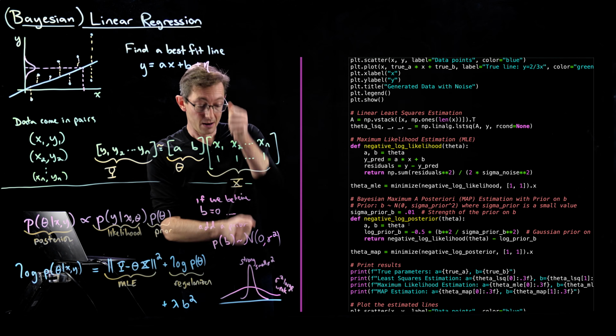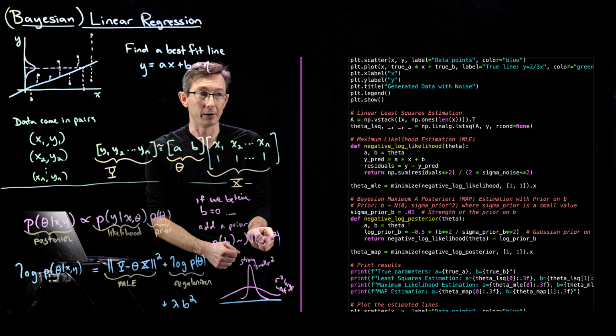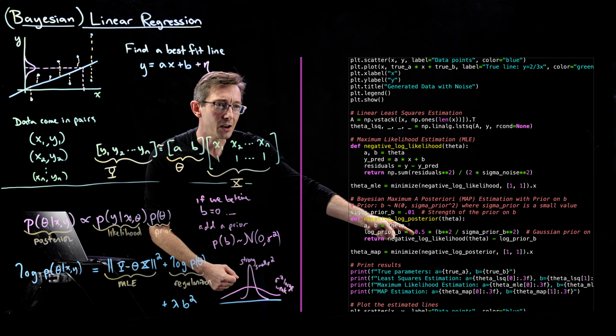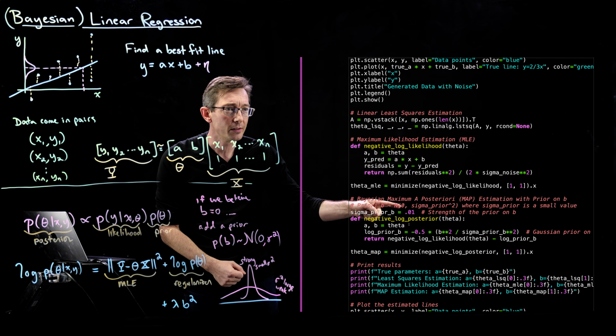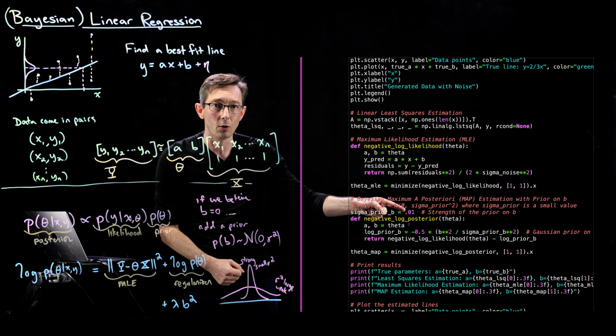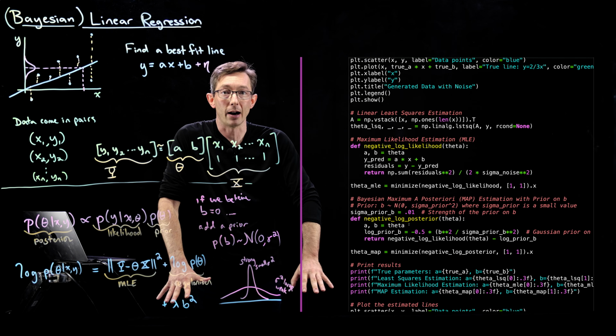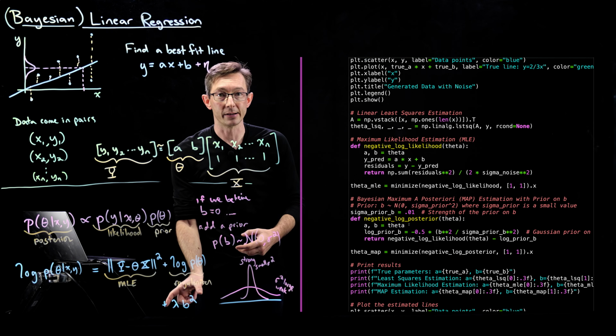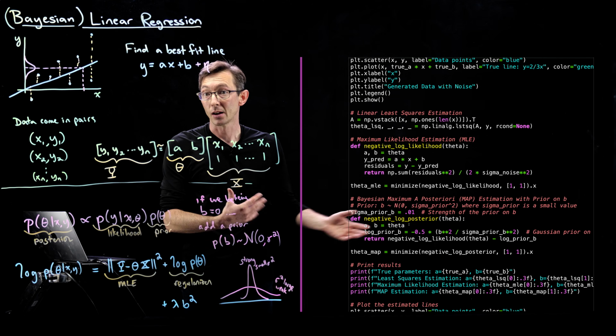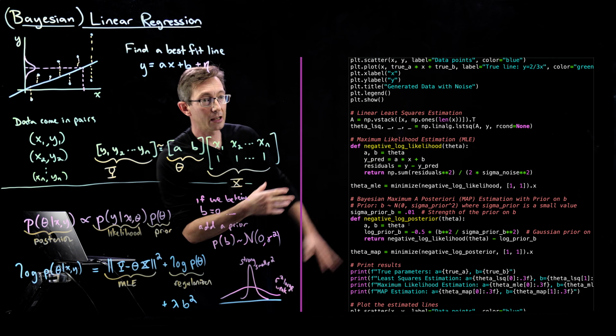It's a super strong belief that b equals 0. If you back this off and make it 1 or 10 instead of 0.01, it makes a much weaker prior, and a much smaller regularization. It'll have much less of an effect on the regression. So let's see what the comparison looks like.